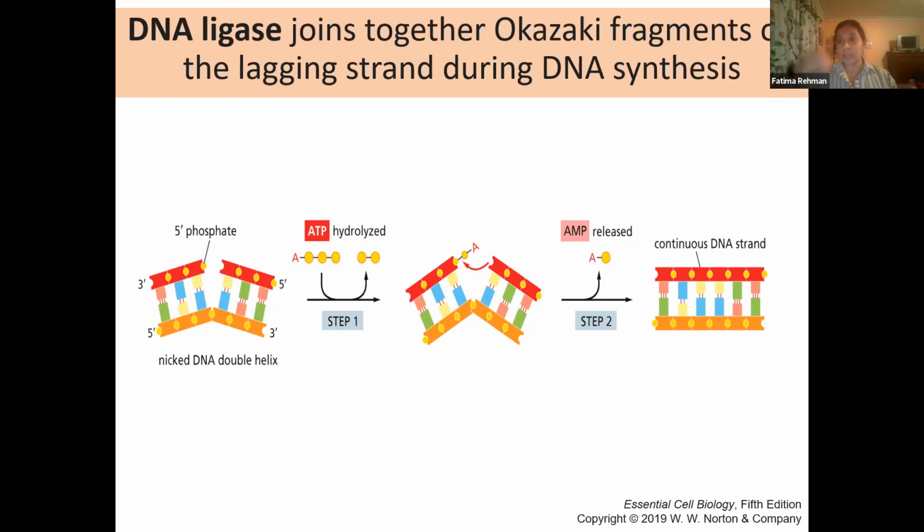So you're going to use ATP as your energy source, like you typically do, hydrolyzing it, similarly, where a pyrophosphate is removed, and that energy is used to join together those bonds to make a continuous strand of DNA. And the adenosine at the end of the day, as a monophosphate, with just a single phosphate, will be released back so that it can again be converted back to ATP. Okay?